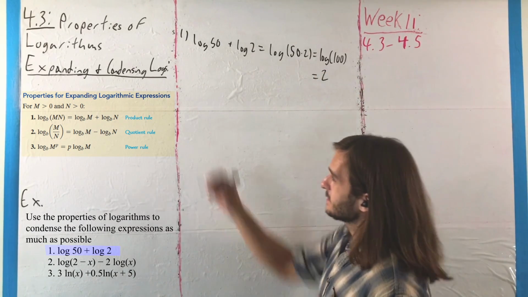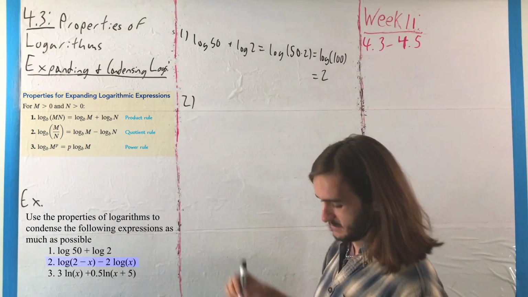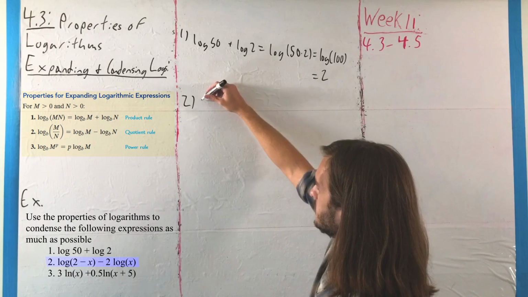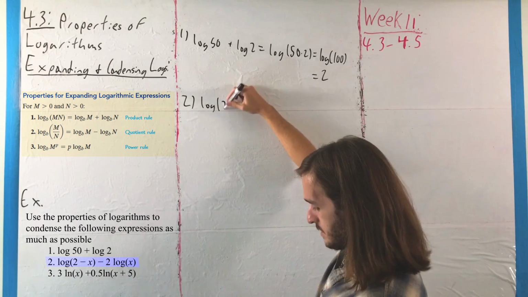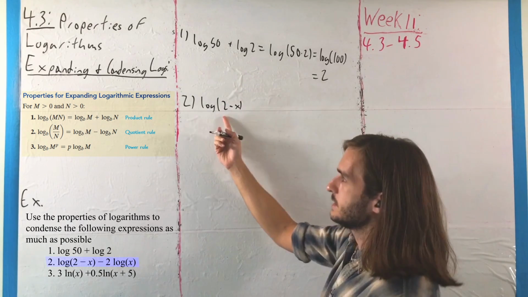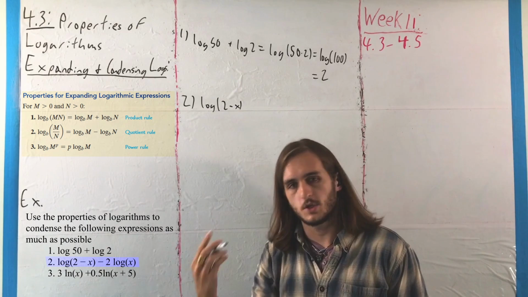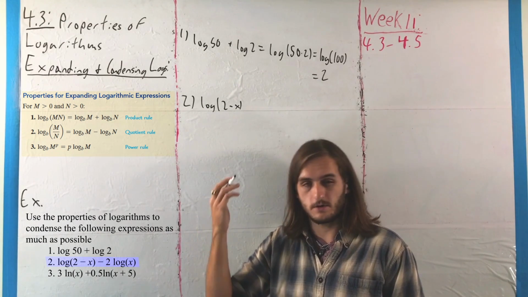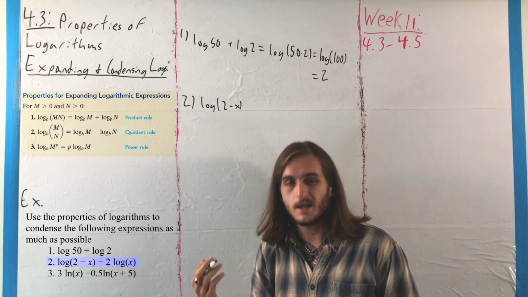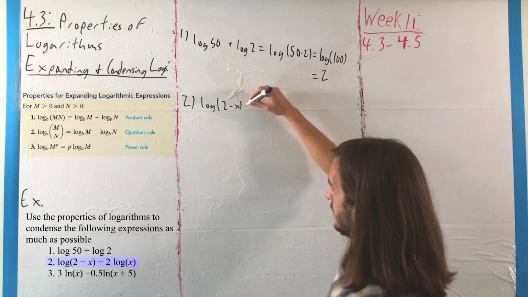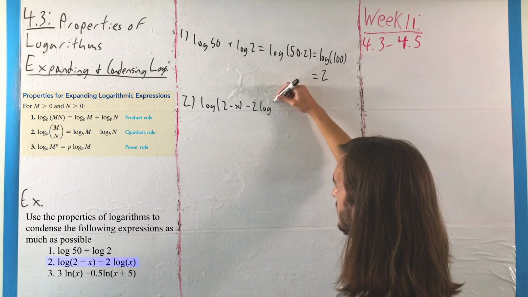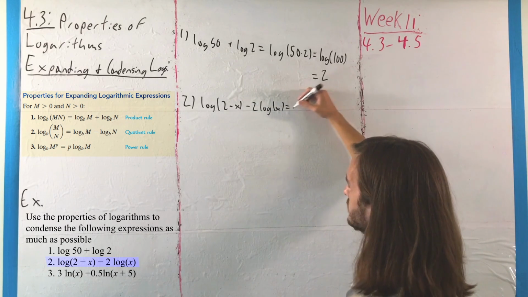And then for our second example, we're dealing with something a bit more variable, as it were. If you want to deal with the common logarithm of 2 minus x, this is a case where I'd recommend using parentheses so you know it is the common logarithm of the quantity 2 minus x, and not the common logarithm of 2 minus the quantity x separately. Anyway, you have that minus 2 times the common logarithm of x.